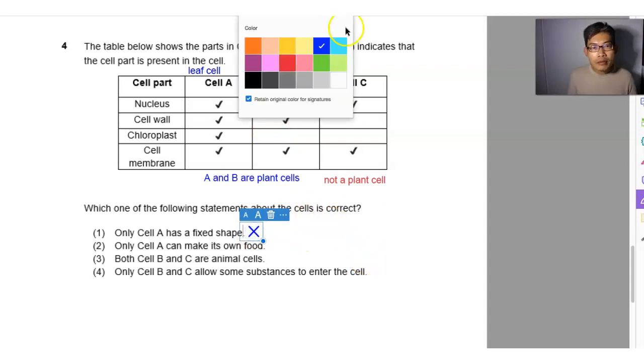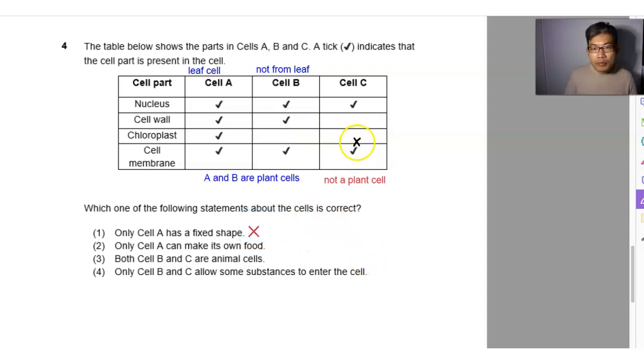The second one, only cell A can make its own food. You need to have chloroplast before you can make your own food, because chloroplast contains chlorophyll and chlorophyll traps light to make food. So cell A has this chlorophyll that allows this to happen. So cell A can make its own food is true.